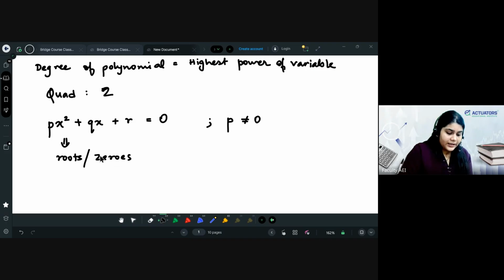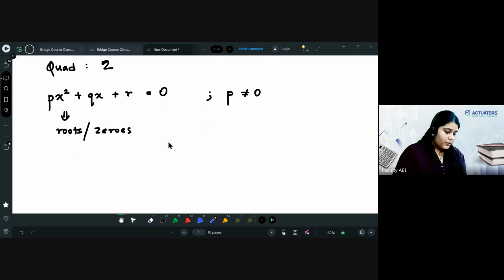Why zeros? Zeros of the quadratic, because if we input those values of x, then that quadratic polynomial becomes 0. That's why we call them roots or zeros. Now, how do we solve these? How do we solve these quadratics?